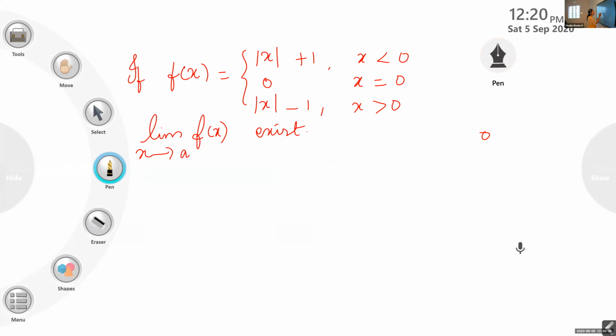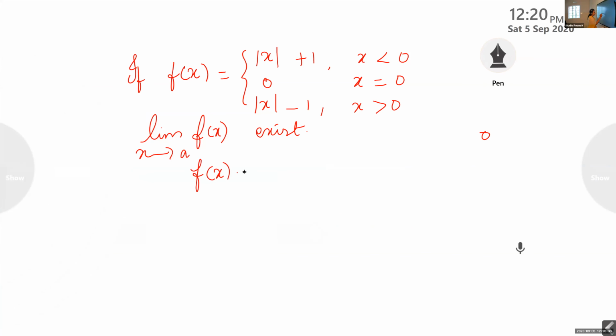We can rewrite it. When x is less than 0, what is modulus of x?